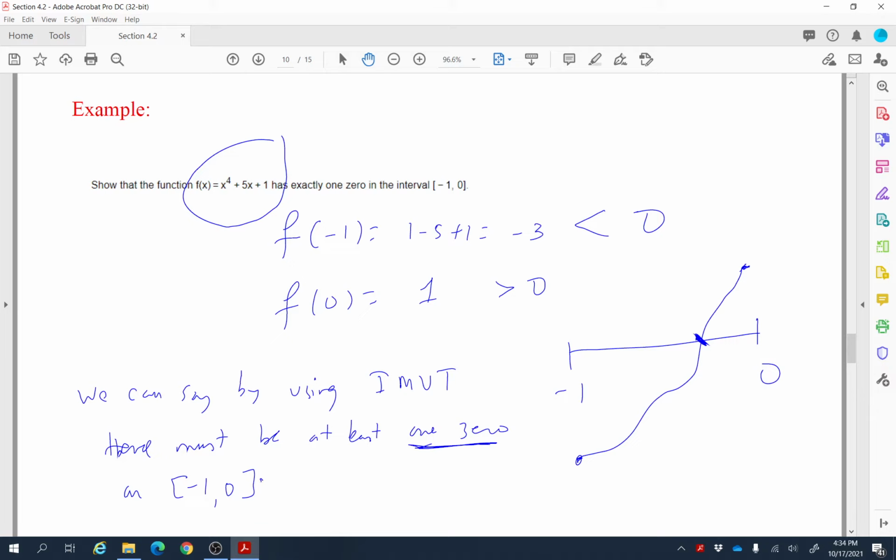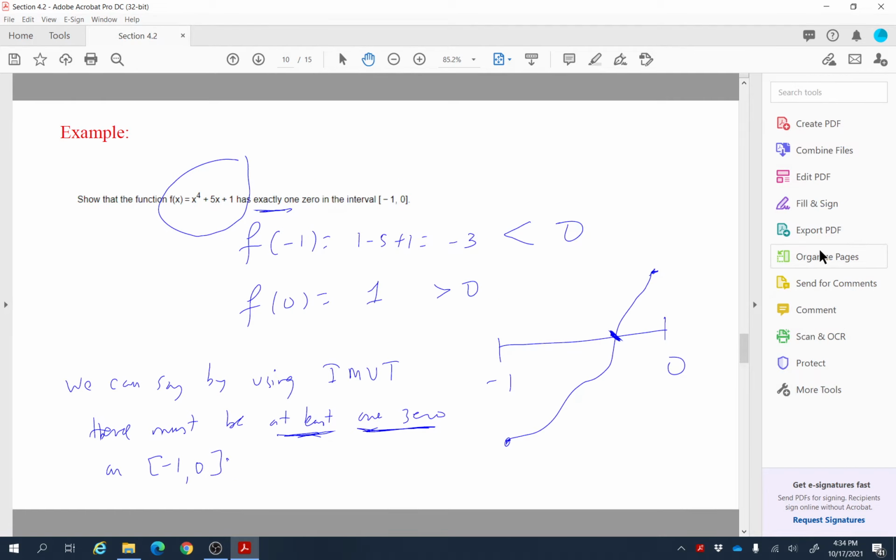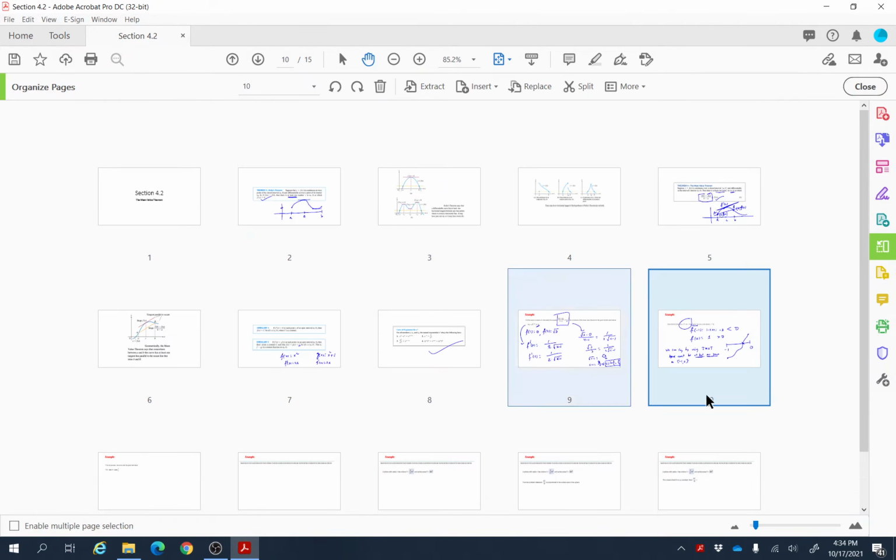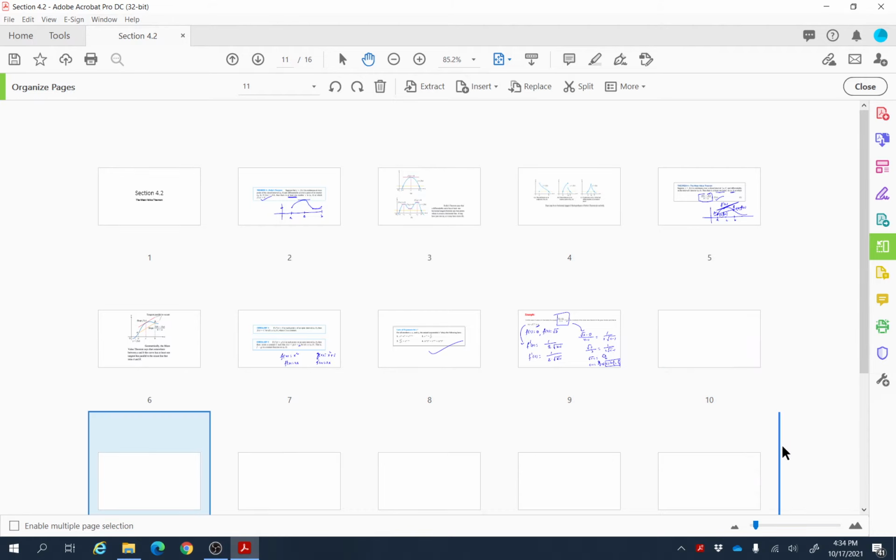Now we know that there is at least 1 zero, but we need to prove that there is exactly 1 zero. So what do we do? We just say, okay, let's assume that there are 2 zeros, if it's possible. So I'm going to just add one extra page here.